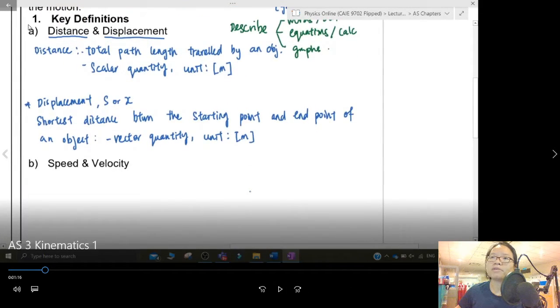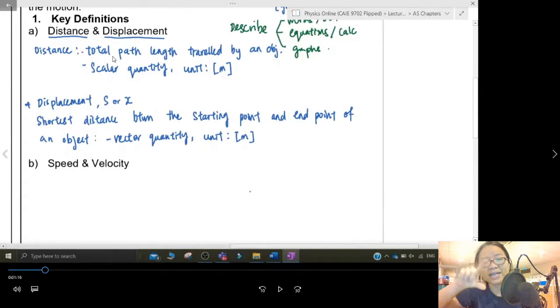So the thing about distance and displacement is that this answers the question of where something is when it is moving. When we put the cactus inside our dinosaur game, we want to know where to put it. Position statements are related to displacement and distance. So if, for example, I start from my house and I end up in MCKL, I would like to know how far I have driven.